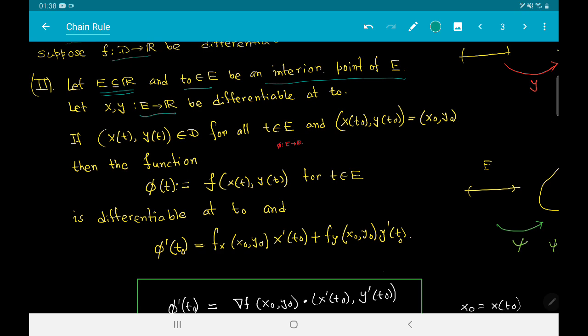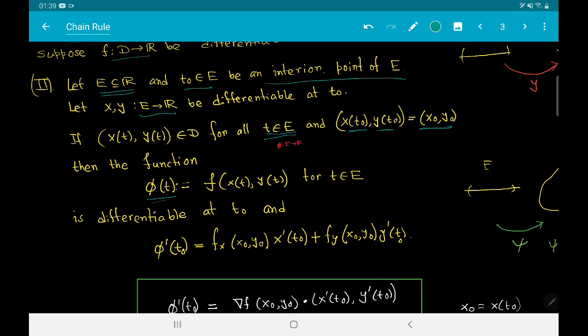If (x(t), y(t)) belongs to D for all t in E, and if I denote (x(t0), y(t0)) simply as (x0,y0), then we claim that the function phi(t), defined as f(x(t), y(t)) for t belonging to E, is going to be differentiable at the point t0.